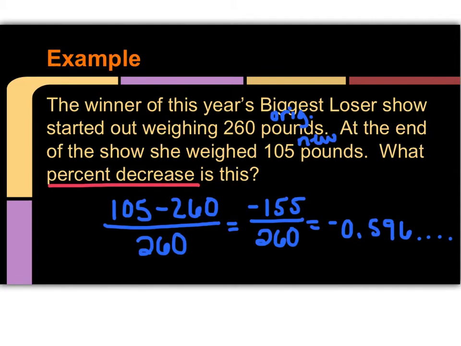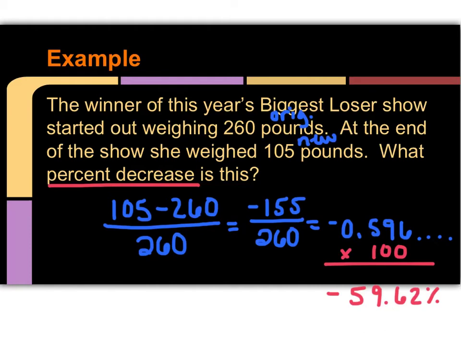There's many numbers. Now, that's not a percent, and we know we need it to be a percent, so I'm going to take that and multiply it by 100. And you get negative 59.62%.